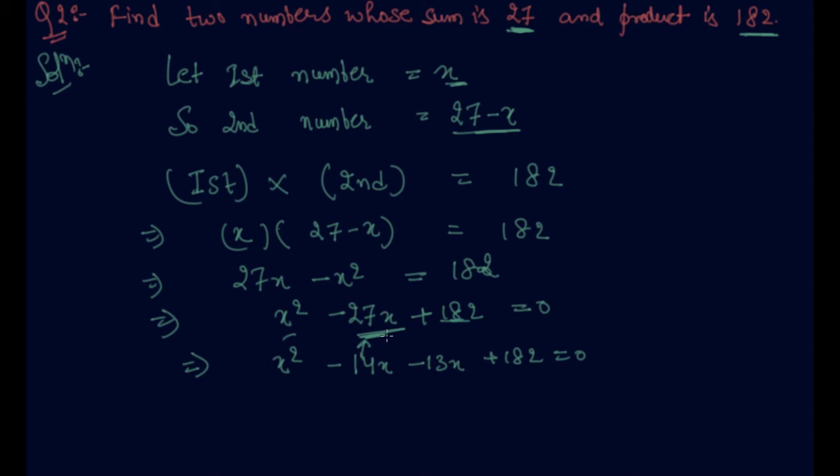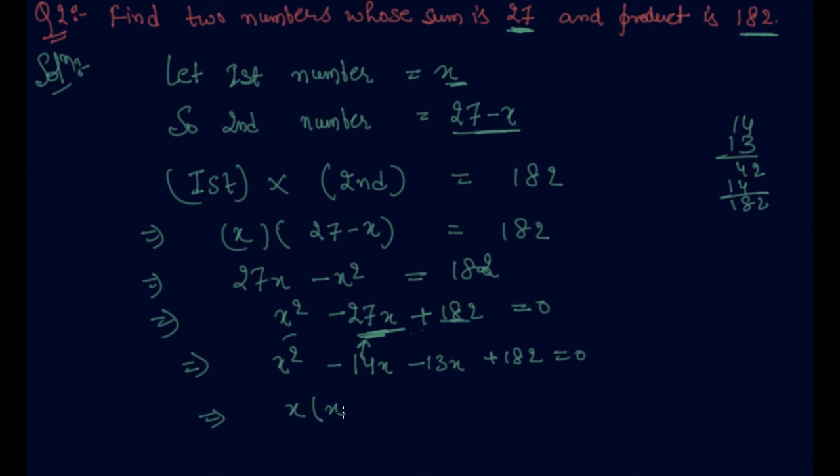So students, you have to think what should be the split so that we can get the sum as minus 27 and the product as 182. You can also do some rough mathematics over that. You will get the product as plus 182 and the sum as minus 27x. So the product of 14 into 13 will be 182. Okay, so I take the numbers as 14 and 13.